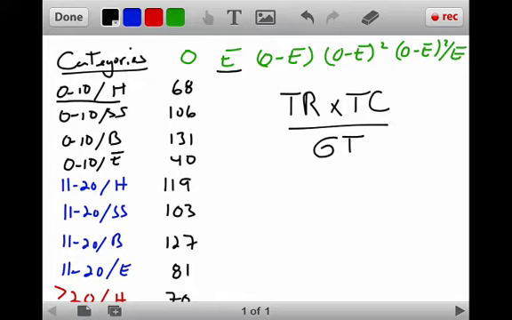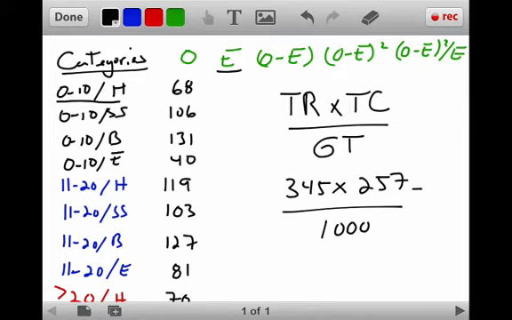I had a total row of 345 times a total column of 257, and a grand total, a sample size, of 1000. If I calculate this, it gives me 88.7. So 88.7 is my expected frequency for this specific category.